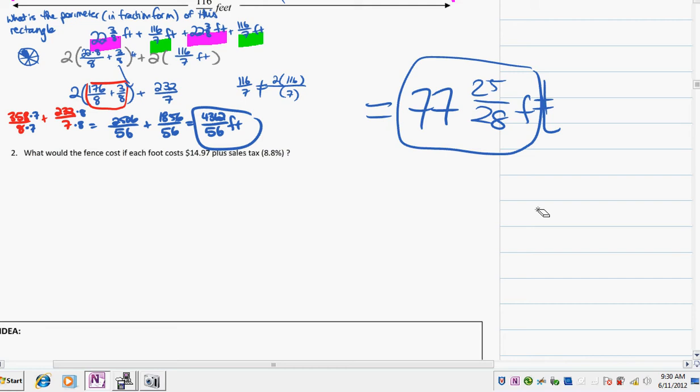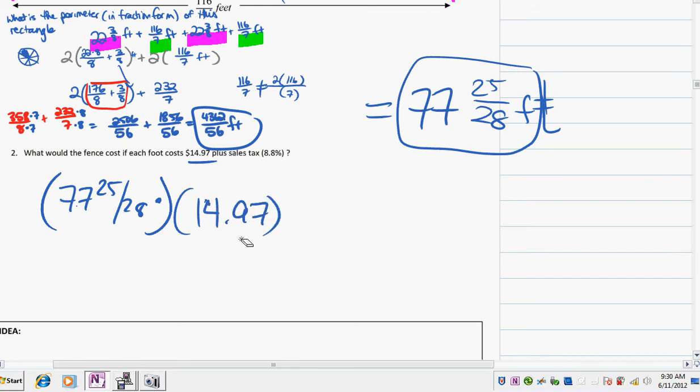So for each foot, I'm going to be paying $14.97. So I need 77, almost 78 of those 14.97s. So this becomes a multiplication problem. 77 and 25/28 times 14.97.